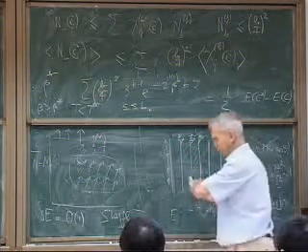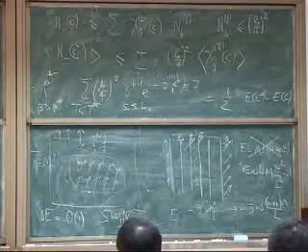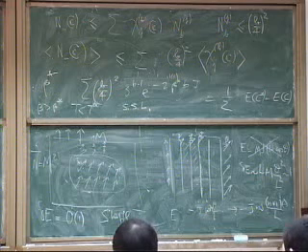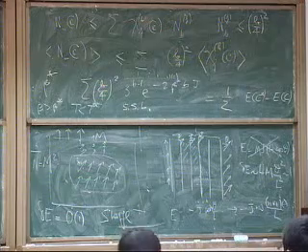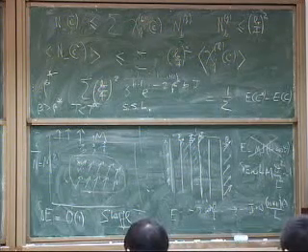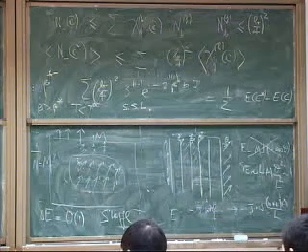Does that mean, I will leave you soon, that in 2 dimensions there are no phase transitions with continuous symmetry? Well, there is a curious case that you should know, that I will not describe here.